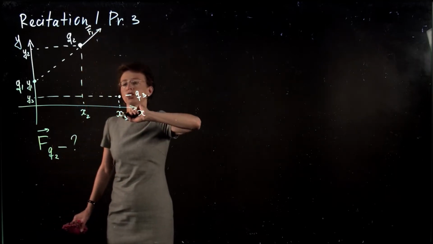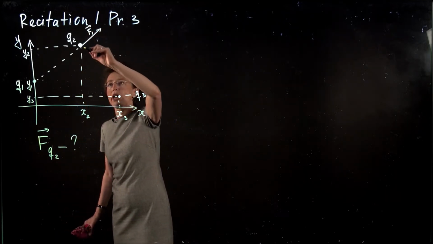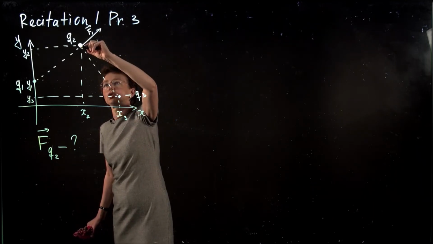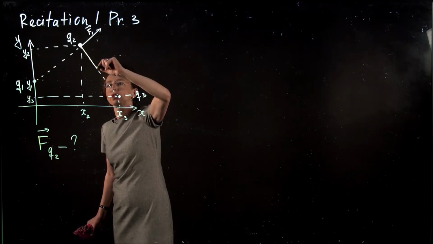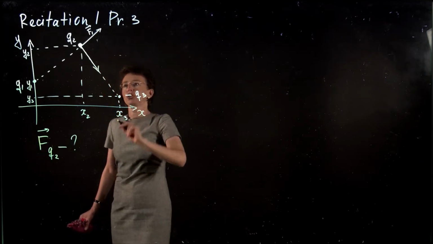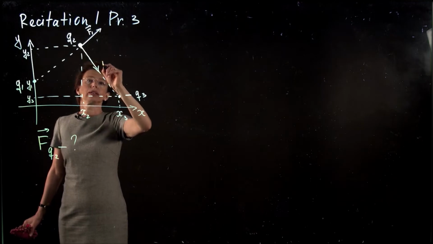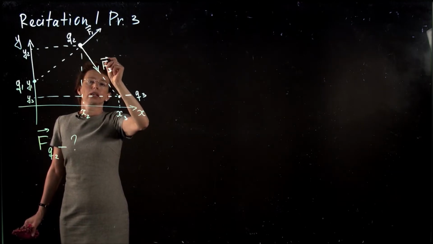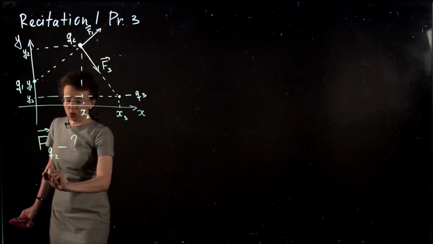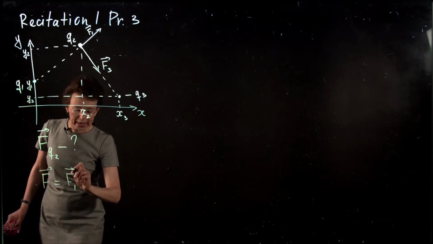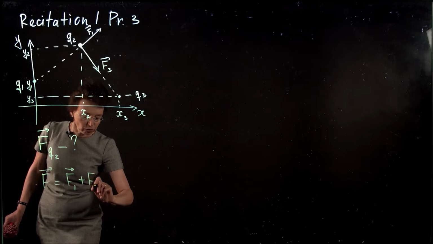The force exerted on q2 by q3 will be along this line, and it will be an attractive force since q3 is negative. We will call it F3. And to find the net force, we need to add forces F1 and F3 as vectors.